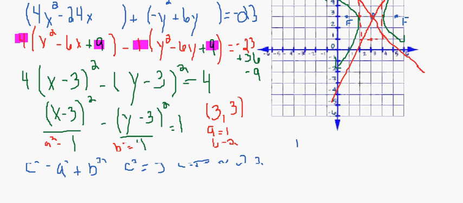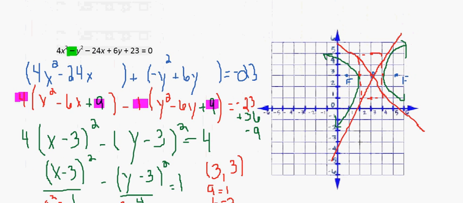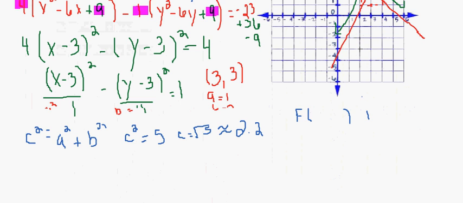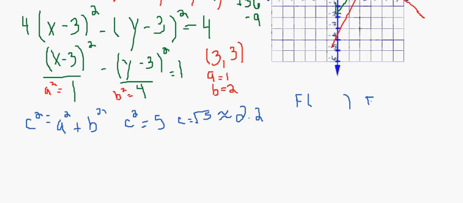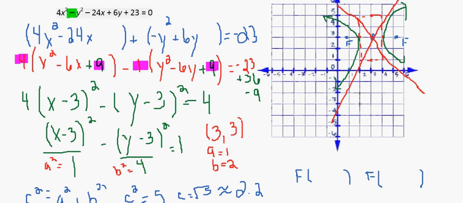So now we just have to write the coordinates of those points. Notice both foci have the same y coordinate. They both have a y coordinate of 3. So I usually just fill that in first. They both have a y coordinate of 3.